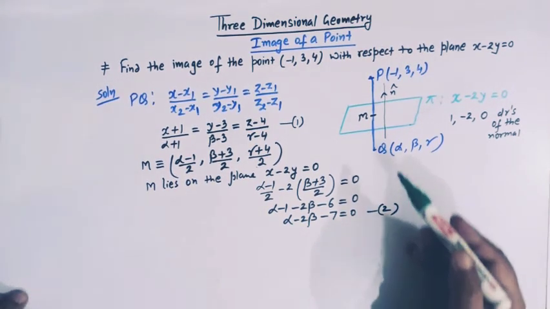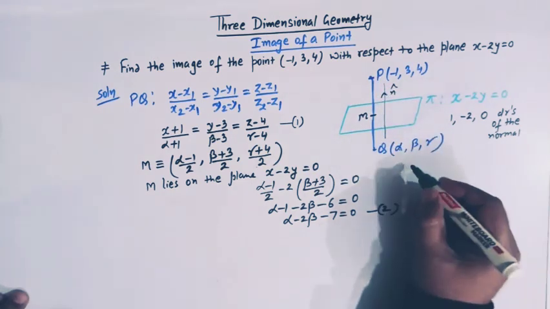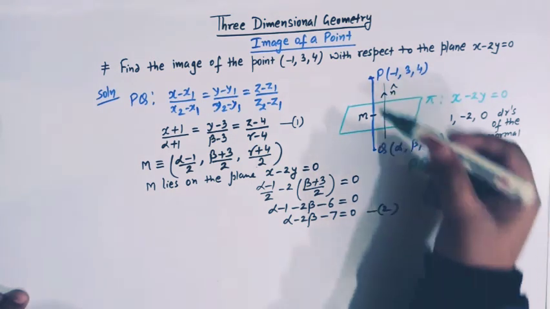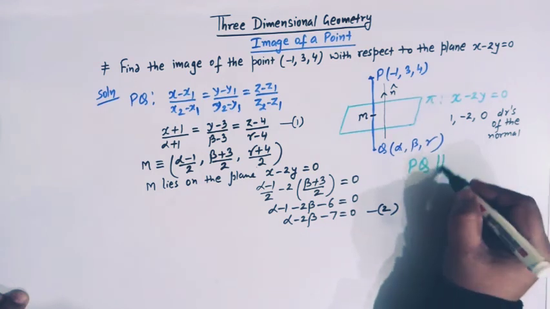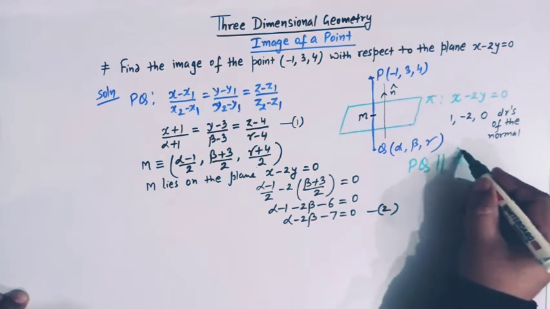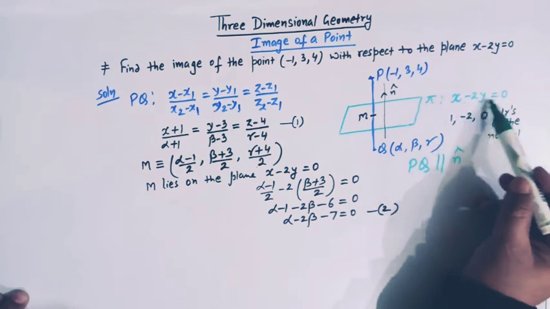Now we see that this line PQ is parallel to the normal vector to this plane.